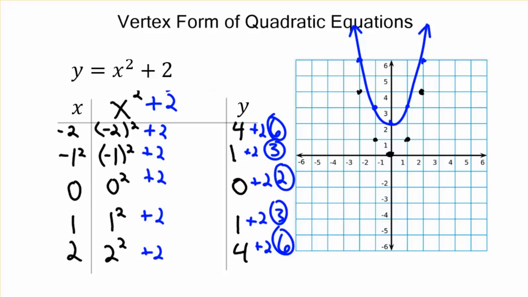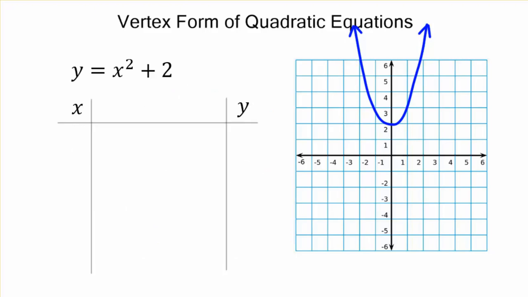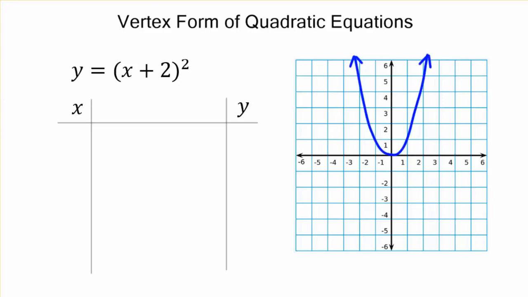But what's going to happen if instead of putting the 2 there, what if it's x plus 2? What if we add 2 to the x first before we square it? Well, let's see. We're going to slide it to the left. Why does it slide to the left?